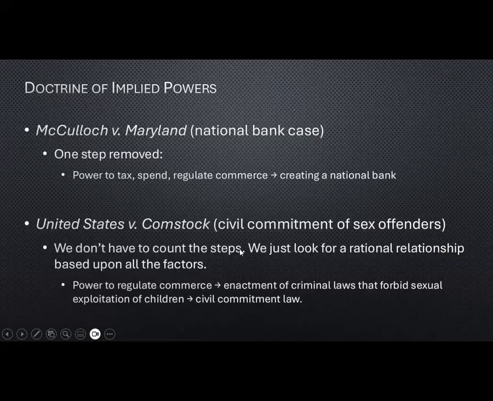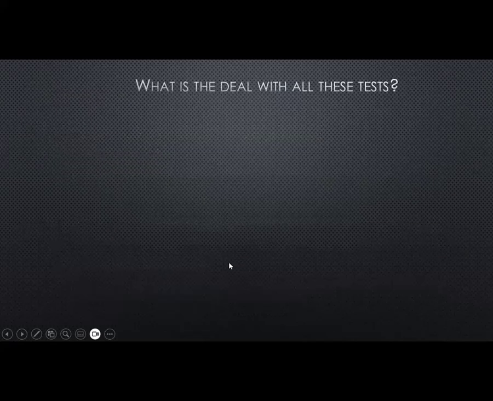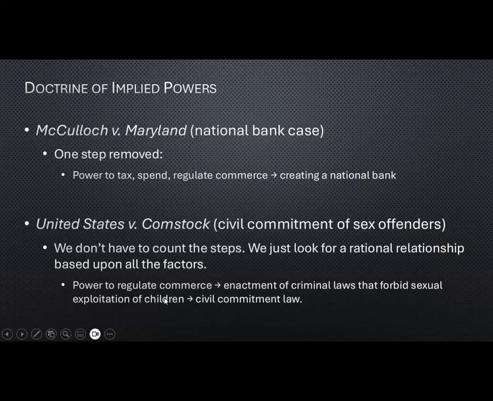Comstock says you don't have to count the steps at all. You're not going to worry about how many steps you take to get from an enumerated power to the present act. You're just going to look at the rational relationship based upon all the factors involved in the case, and that's how the court determines if the necessary and proper clause is being properly used.